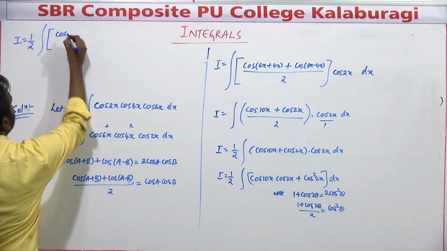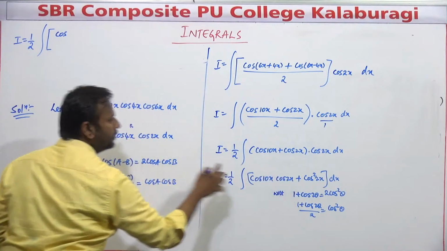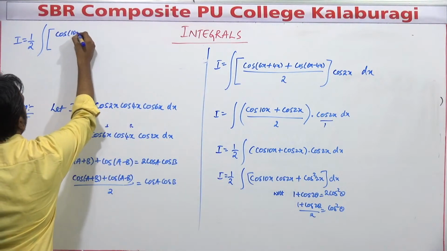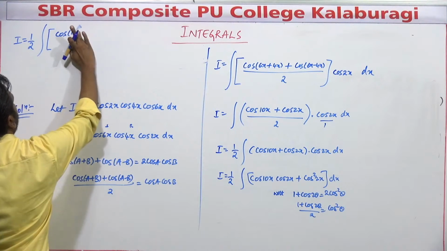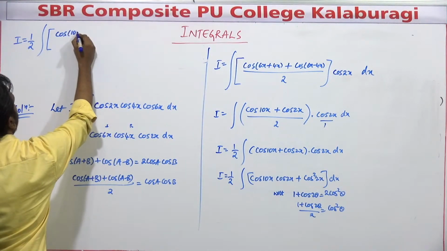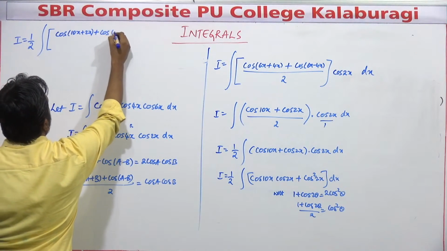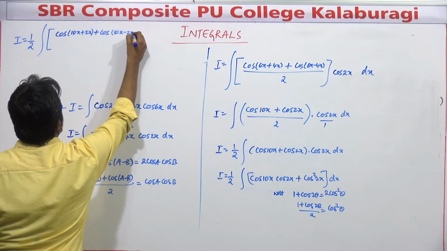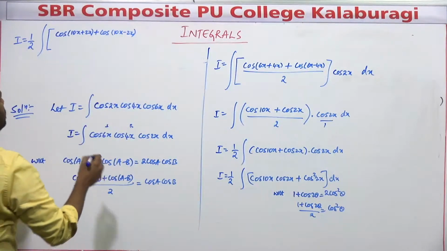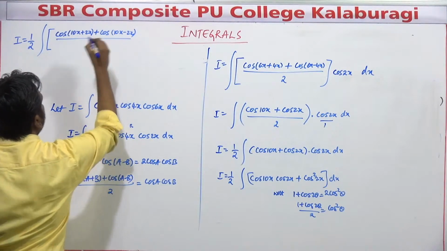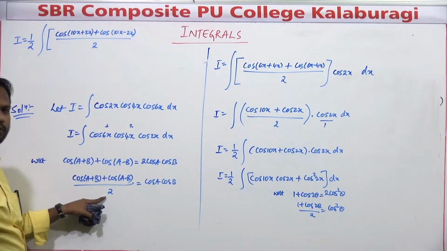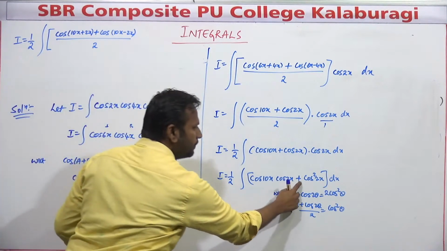Cos of A plus B. A plus B means 10x plus 2x, plus cos of A minus B, 10x minus 2x. Right? Whole divided by 2. This formula I have applied. So there is a plus in the middle.